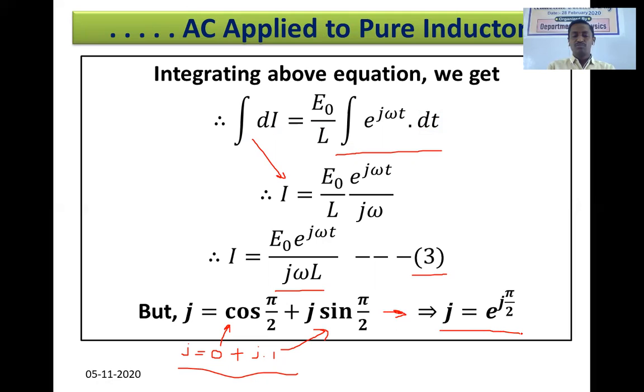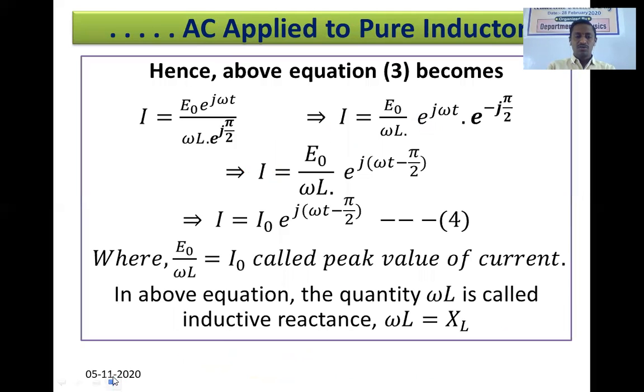Now put the value of this j in equation 3. So the resultant equation becomes I equals E0 e to the power j omega t upon omega L into, in place of j, we have substituted e to the power j pi by 2.